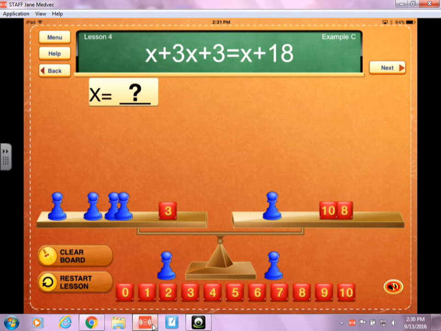That's kind of how we set it up. And then we said to take away 1x. So minus 1x, minus 1x. And then I took away a 3, and I took a 3 from the 18, and I got 15, and then I said x was 5. Okay? So you're physically doing that with the manipulatives as you're solving your problem. Are there any questions?